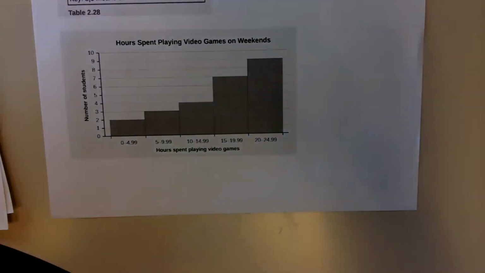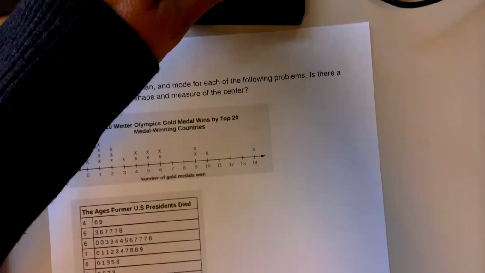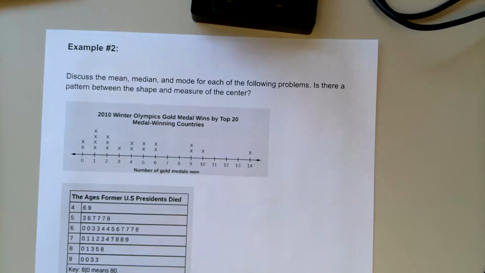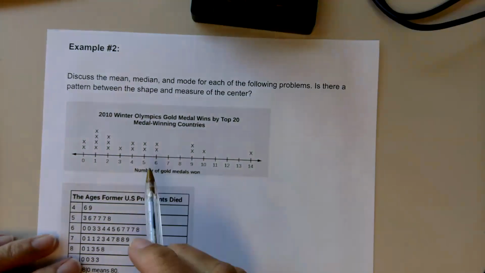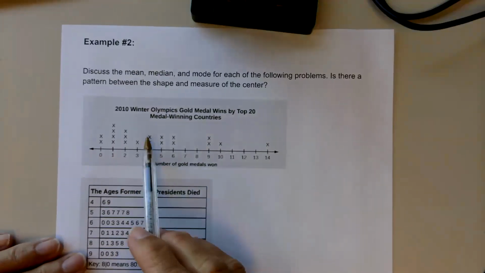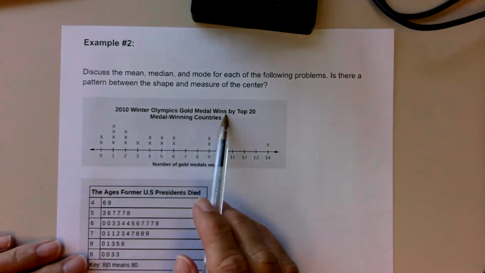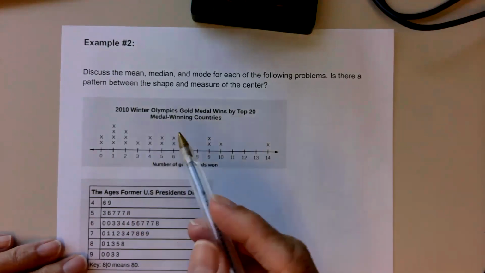Now, here are three different pictured distributions, and let's decide if the data is skewed or symmetric. So here we have the 2010 Winter Olympics gold medal wins by the top 20 medal winning countries.